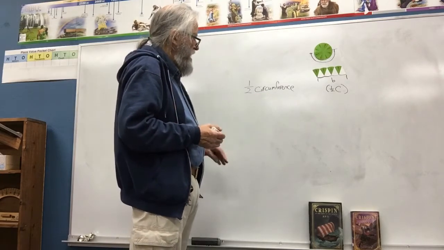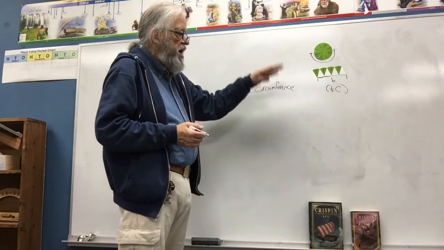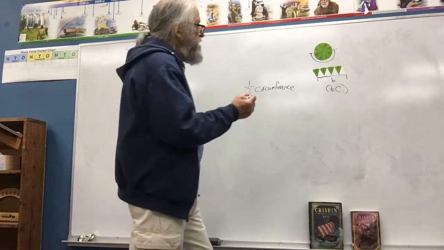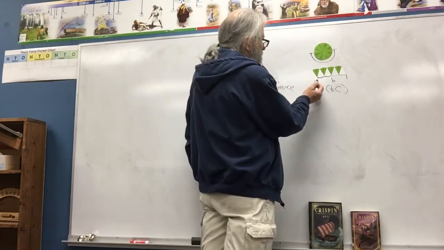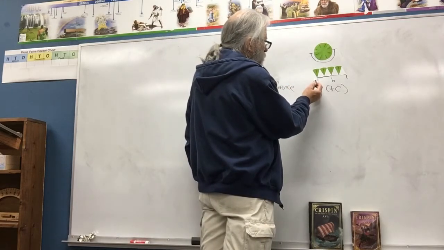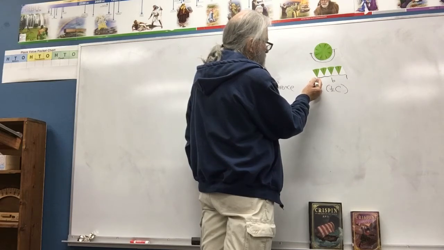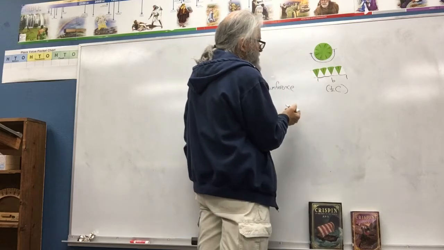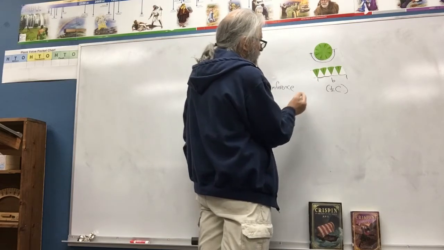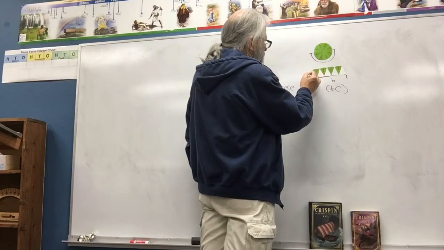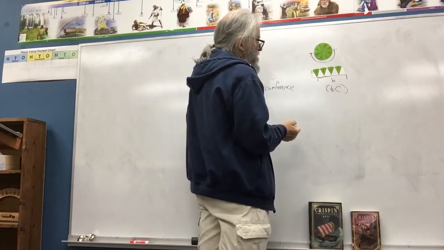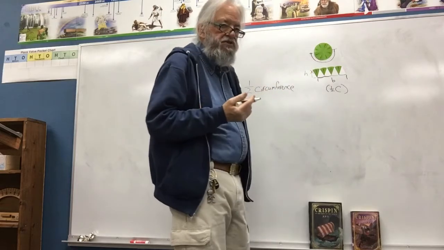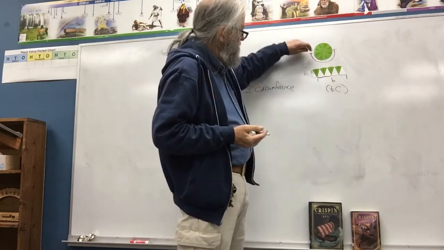Now, as far as base times the height. If I look at this and think about this, going from right here, where that point is, to the outside edge, okay, perpendicular, that would be your height. Well, where's that coming from on the circle? Look at where that point is.